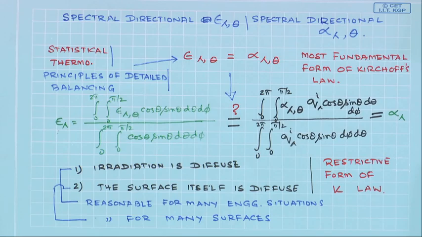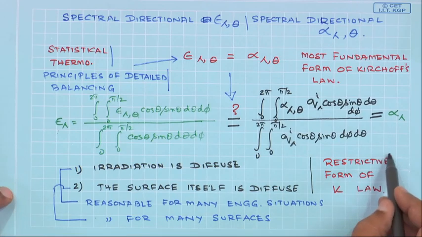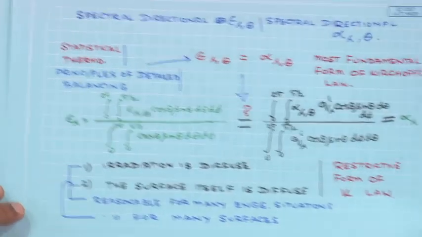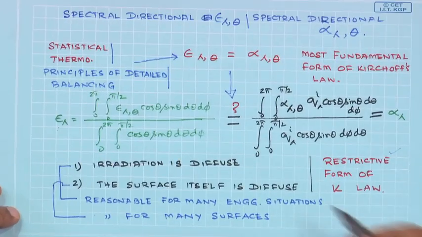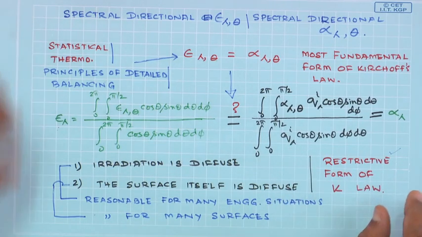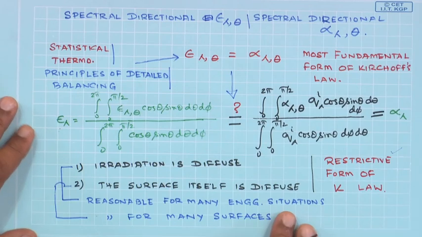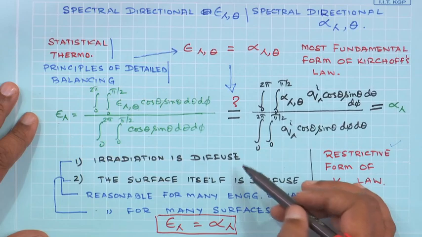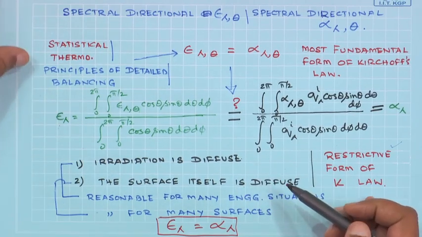So, it tells us that the restrictive form of Kirchhoff's law is not too restrictive a condition, and it is followed by many surfaces. Therefore, what I write is that epsilon lambda is equal to alpha lambda. This is the relation which we have obtained subject to these two conditions.